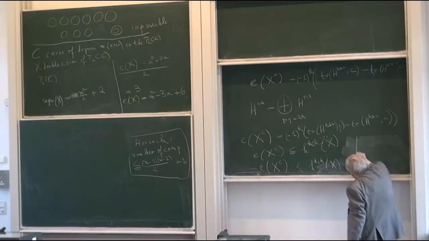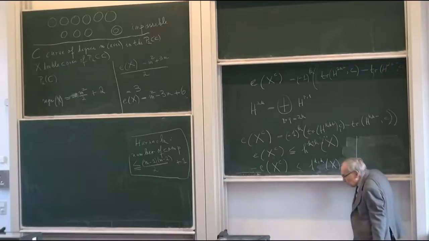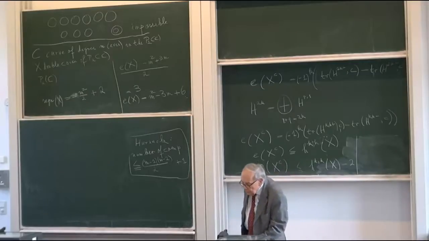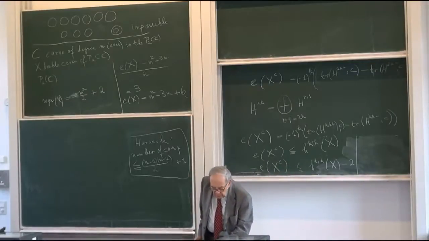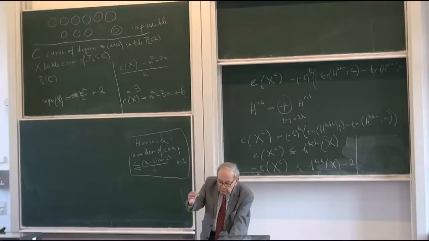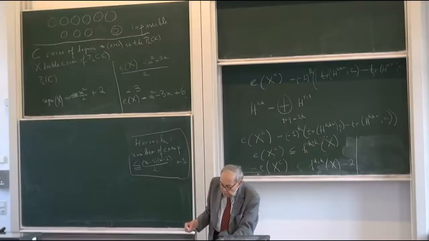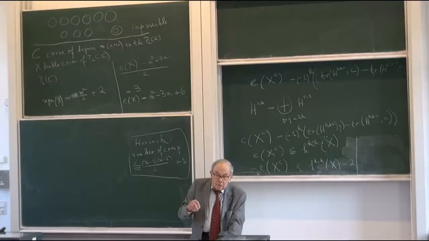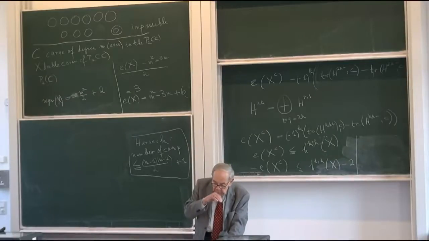Okay, so let's leave it like this. And so many applications of this can be made. For example, h^{KK} can be calculated for complete intersections of hypersurfaces in a complex projective space. This you can find in a paper of mine in 1954, at the Congress in Amsterdam.